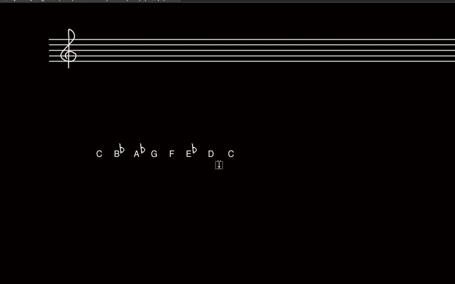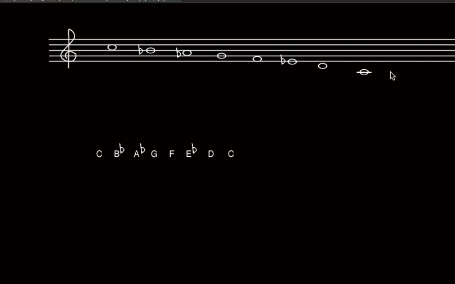Remember, it's the descending melodic minor, the natural minor scale backwards. Here's what it looks like. Now here it is written in the staff. So that's an example of how we could get an ascending and descending melodic minor scale.